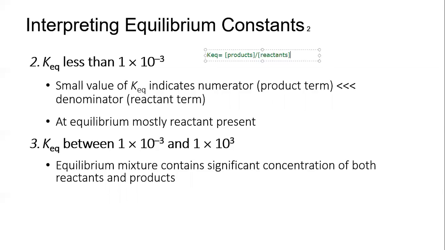Whereas if it was 10 to the 2, 10 to the 3, we would say products are slightly more favored than reactants. But basically, they're kind of the same amounts of each, just kind of tilting in one's favor, depending whether it's less than 1 or greater than 1. And so this is how you can determine what's going to be present at equilibrium based on the value of the equilibrium constant.